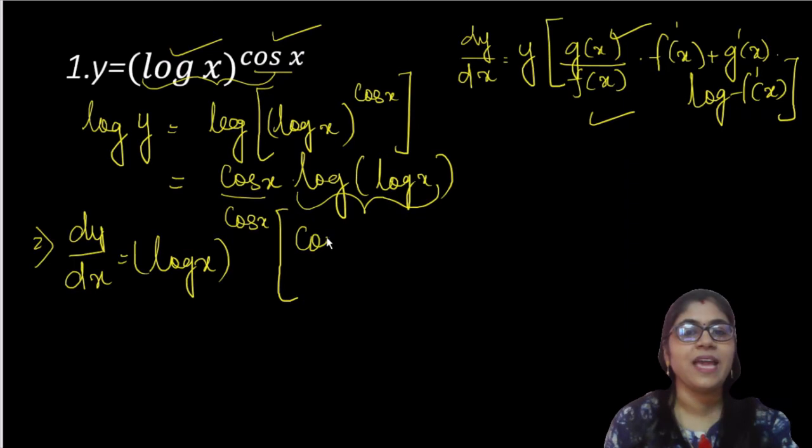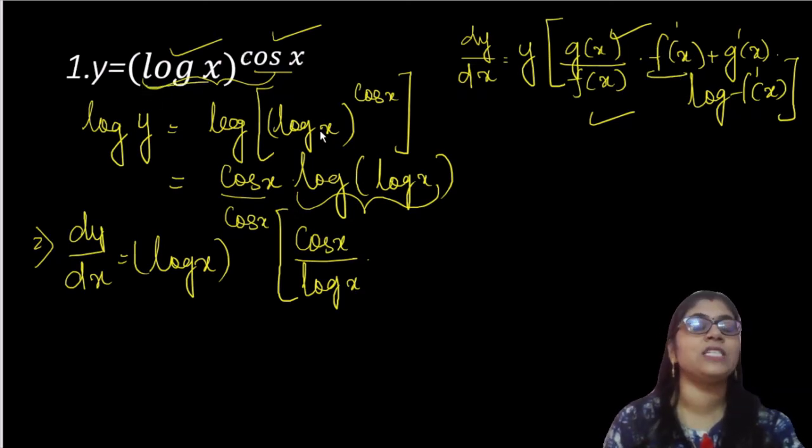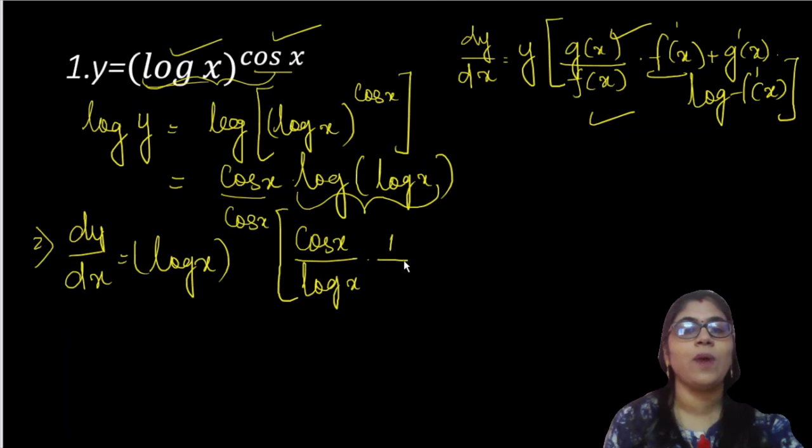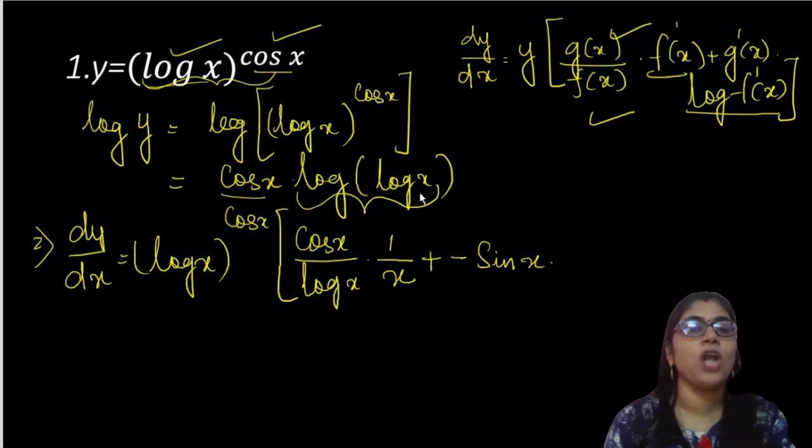So cos x by log x into f'(x). So if f(x) is log x, f'(x) is 1 by x, plus g'(x), that is minus sin x, into log of f(x). So log of log x.